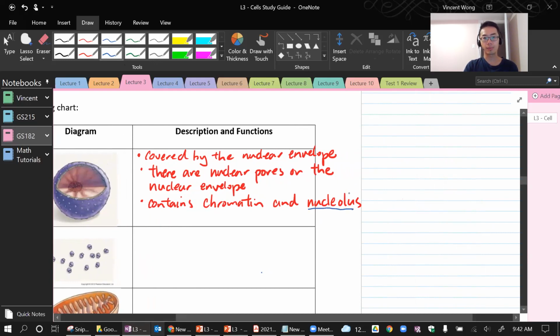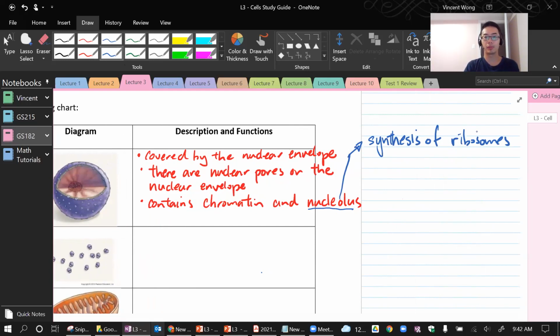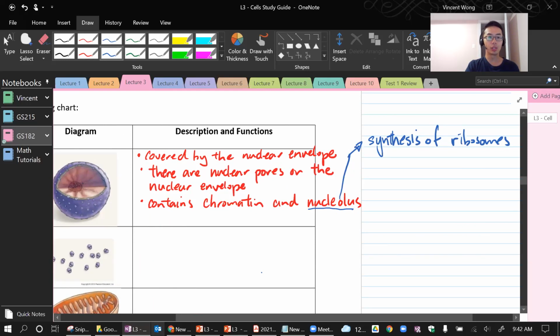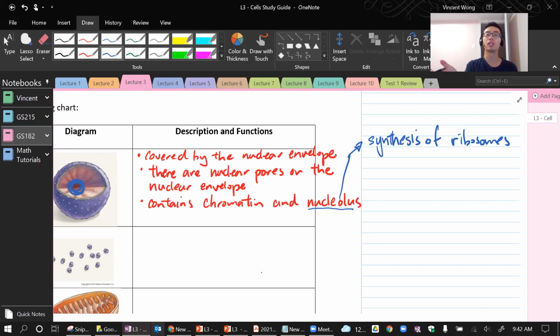The nucleolus is responsible for the synthesis of ribosomes. Remember those ribosomes that are covering the rough ER? Where do they come from? They came from the nucleolus, which is this part here. If you think about a peach, the seed, the big core inside a peach, that would be the nucleolus.